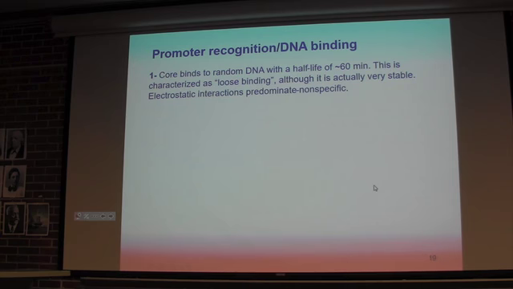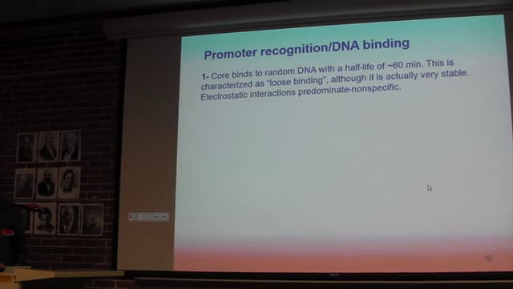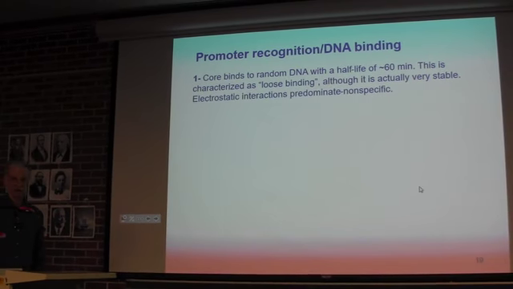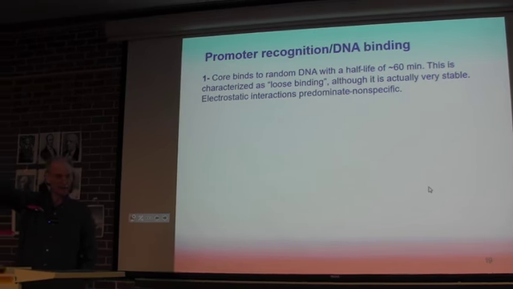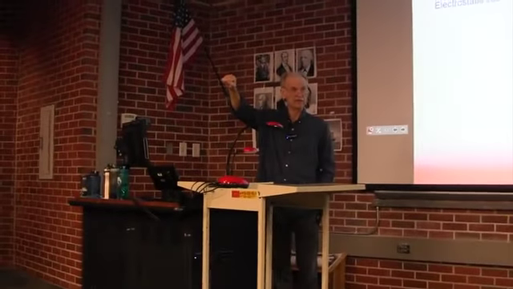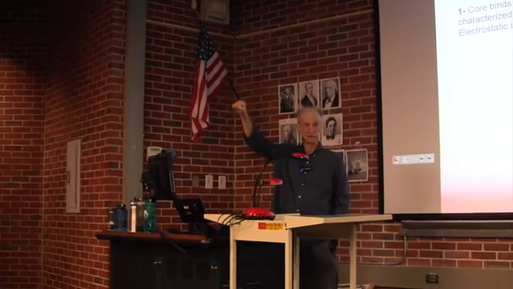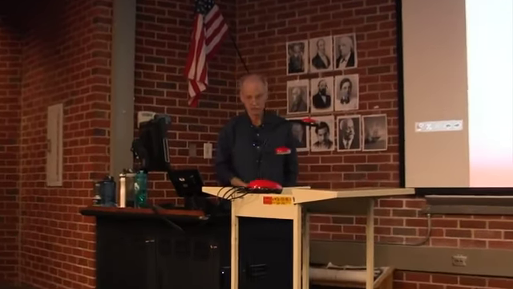Core binds random DNA with a half-life of what would you expect? That's pretty long, an hour. If you bound it and took a snapshot, you'd find that half of it was still there after an hour. Half-life of 1 hour.